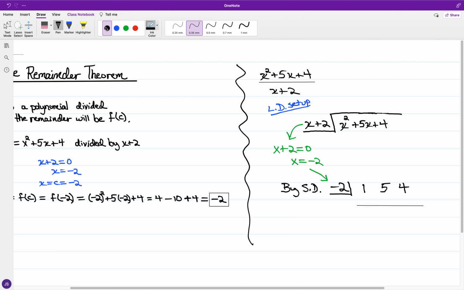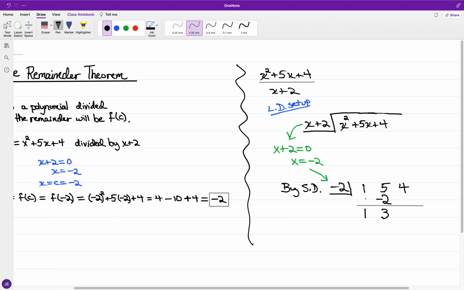Whatever the leading coefficient in the dividend is, that is going to be the leading coefficient in the quotient. So I'm going to bring down the 1, and now we have negative 2 times 1, so negative 2. That's going to be brought over, and then lining up we have 5 plus negative 2, which is a positive 3.